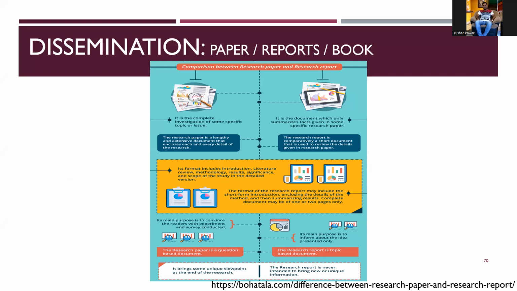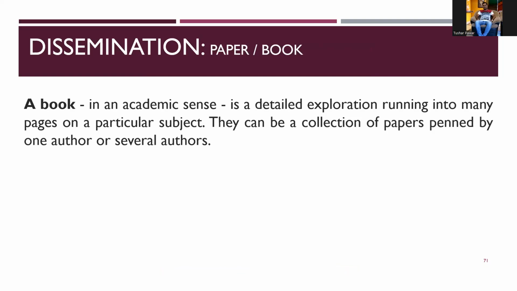I don't speak about this because I have a lot to cover and my time is a little less. But what is a paper, what is a report, what is a book, I have just mentioned. You can keep it as a screenshot and we'll go ahead.